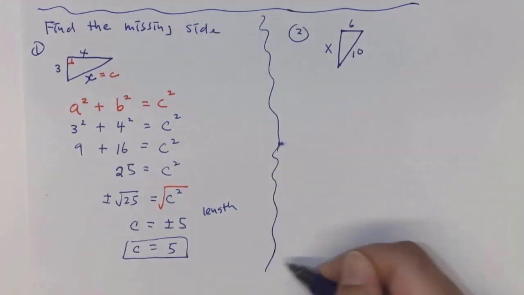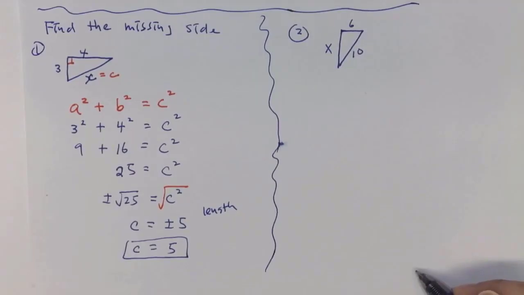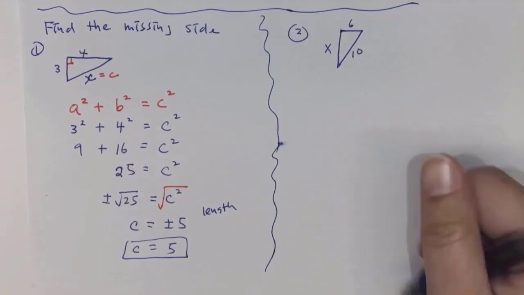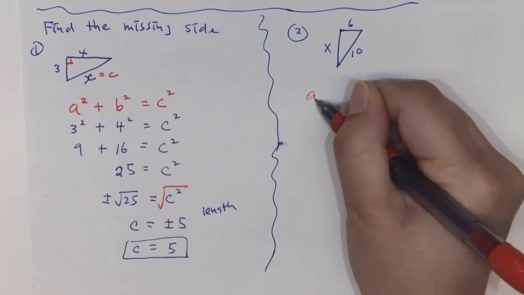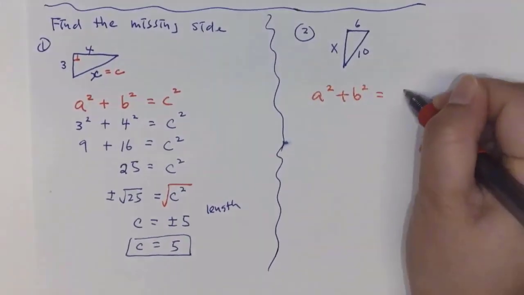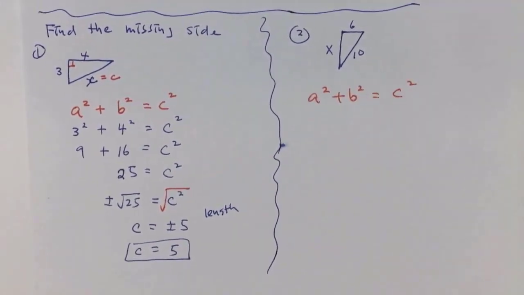Okay, the second one, the missing one is what? Yes. But is it A, B, or C?